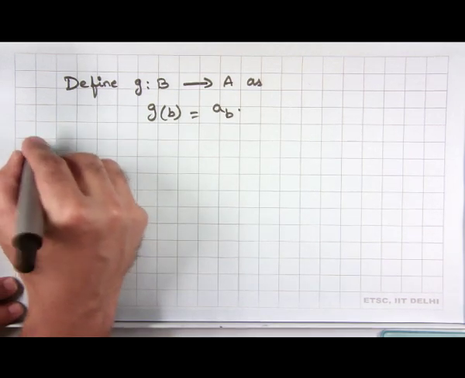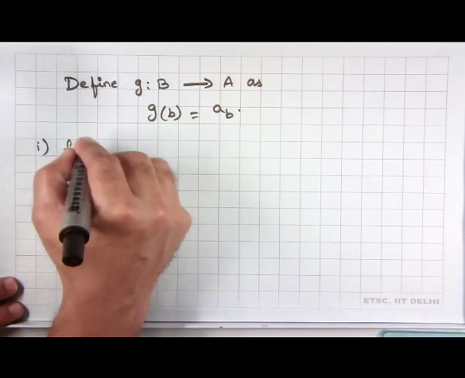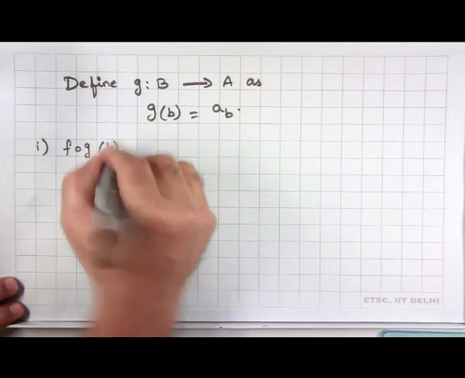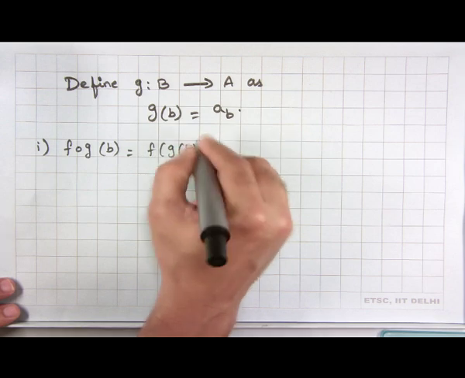Well, let us verify one by one. First one, let us look at f composed with g at any b, which is f of g of b.